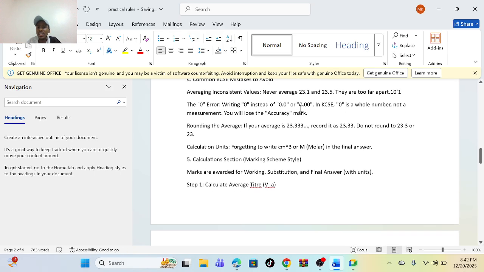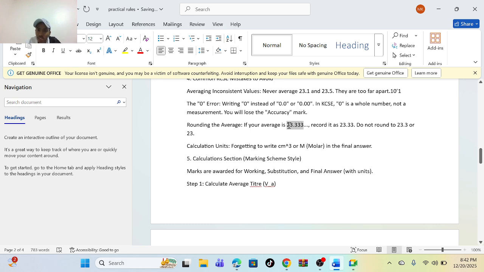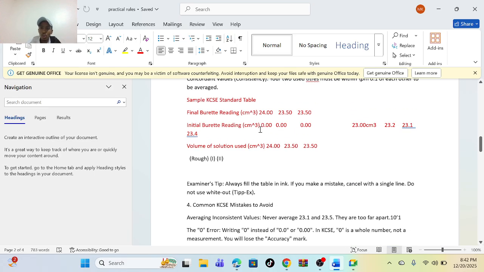When you average, follow the decimal places you have used. If it is two decimal places, it will be 23.33. If it is one decimal place, it will be 23.3. But 23 alone is not acceptable; it will be 23.0. Even if you use 24 and 24 divided by 3 gives 24, 24 is wrong. You have to say 24.00 or 24.0, depending on the number of decimal places you have chosen.